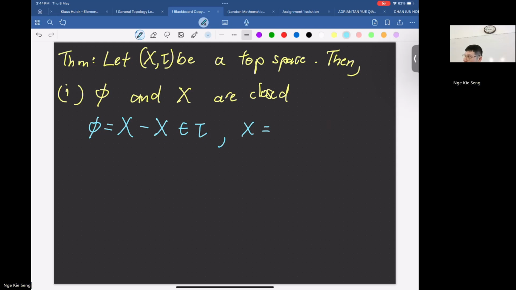The complement of the empty set, and this again lives in tau. So what I demonstrated is that within a topological space, there are at least two sets that are both open and closed: one is the empty set, the other is the whole space.